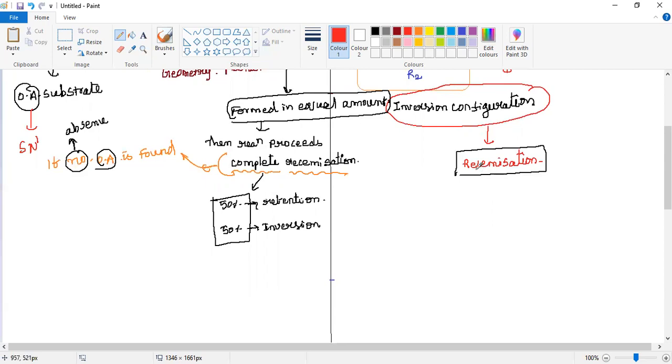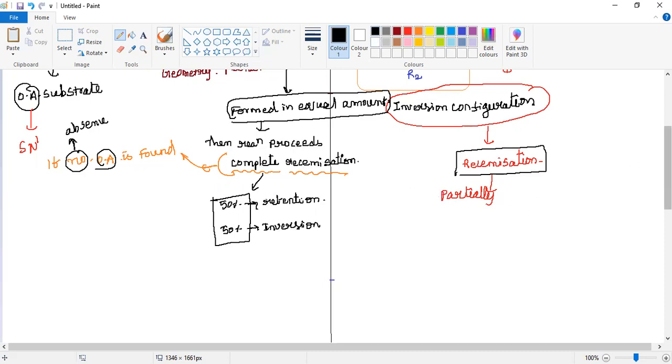In the partially racemized products, not complete racemization, the products usually consist of more inversion product.